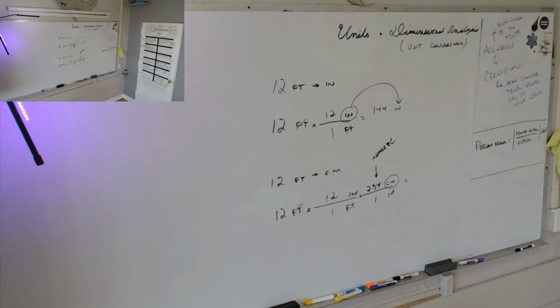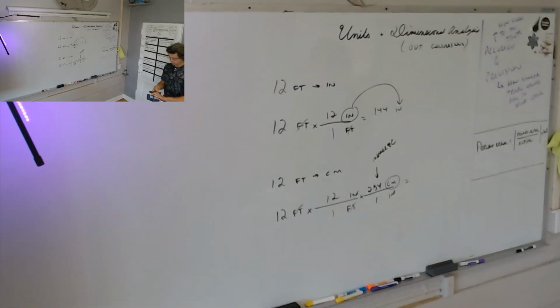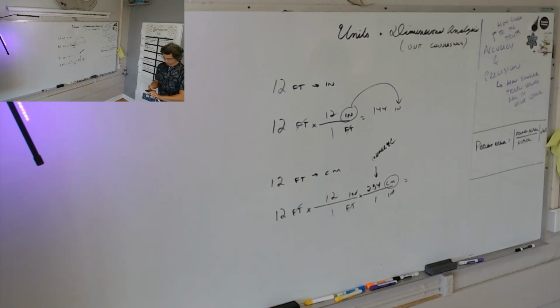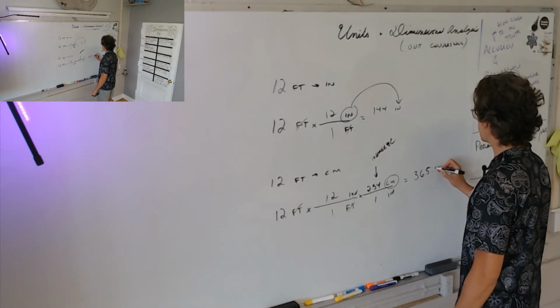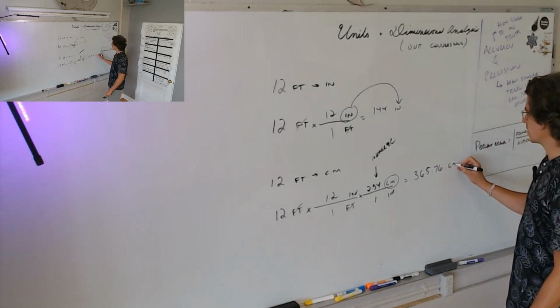Let's type it in. So in my calculator, I type 12 times 12 times 2.54. Enter. Excuse me, I pressed the wrong button. 365.76 centimeters is what I come up with.